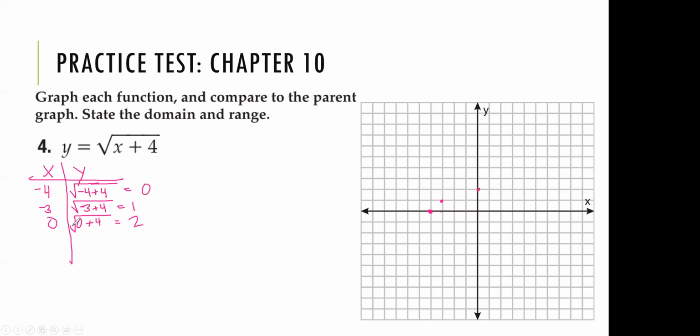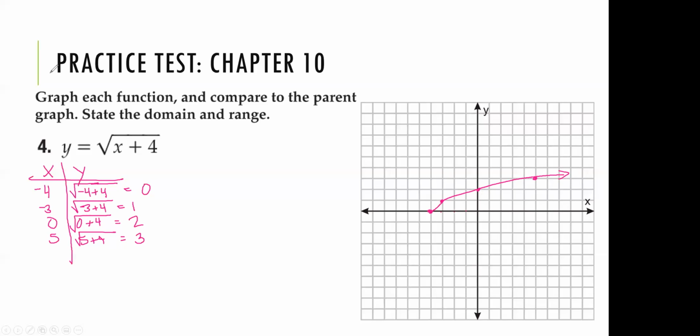And then I'm also going to plug in positive 5. Why 5? Because 5 plus 4 is 9. And the square root of 9 is 3, which is a perfect square. So 5, up 3. So now I have a very good idea of what this graph is going to look like.